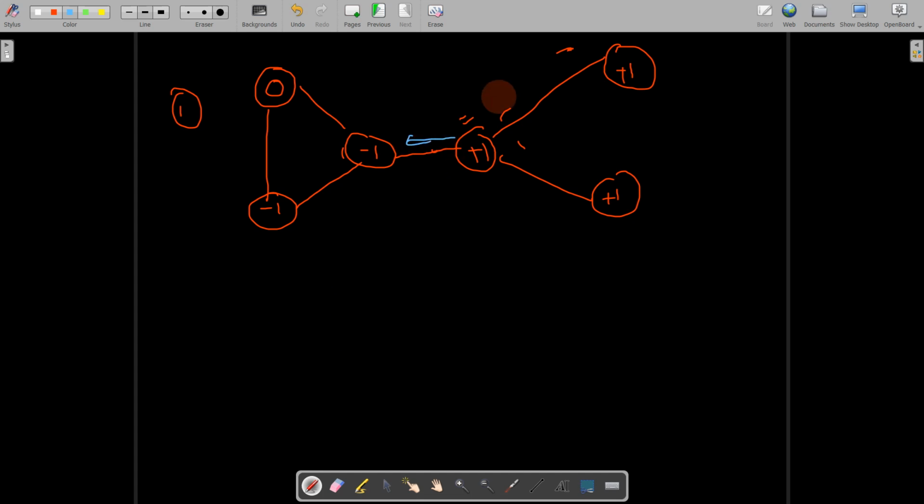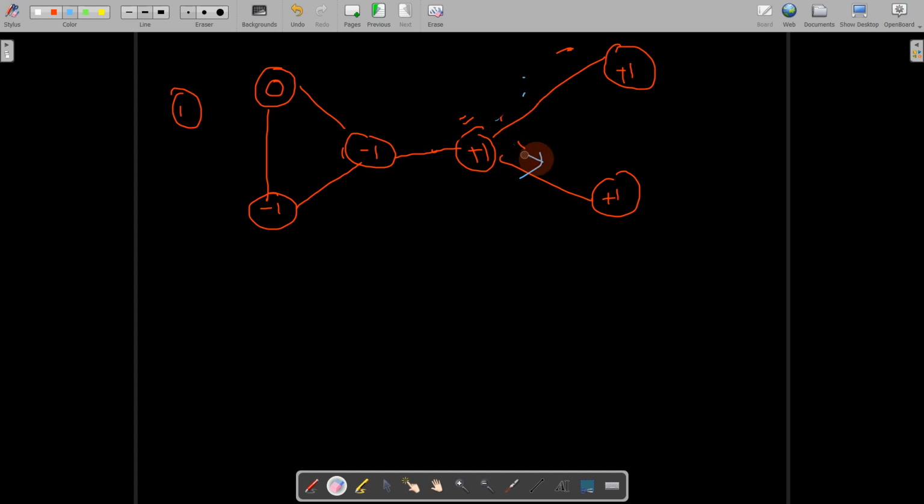No, but you know the rules, if this plus one is sending money, then it has to send to all the nodes, right? So it has to send to all the nodes like this. But that will make this node negative. I don't want that. Let's see any other valid moves.